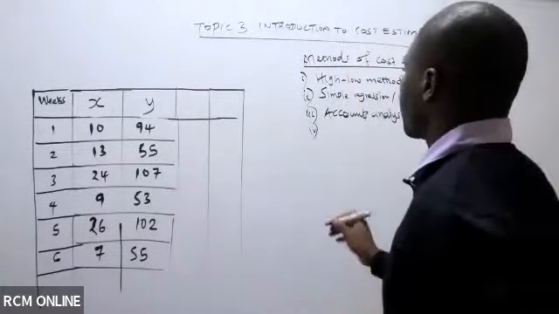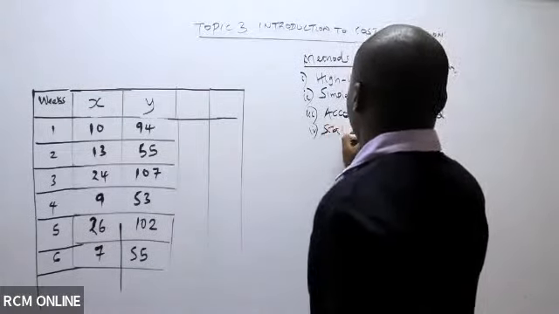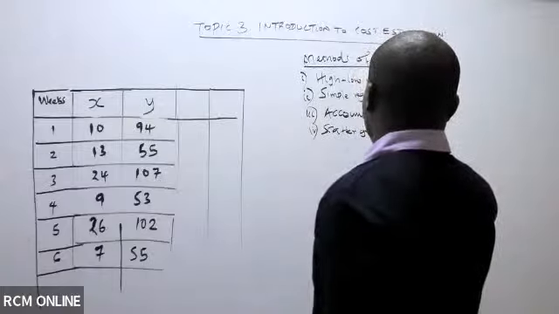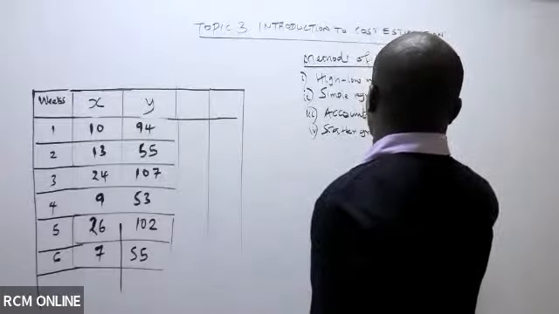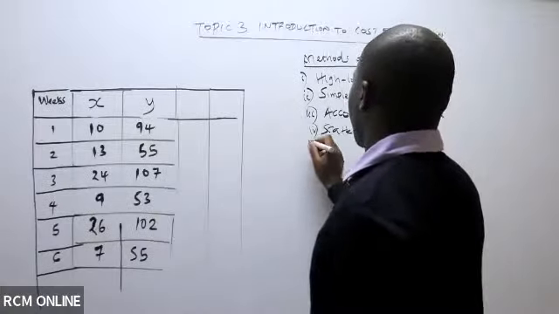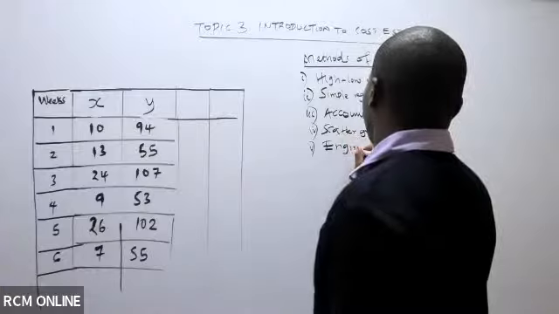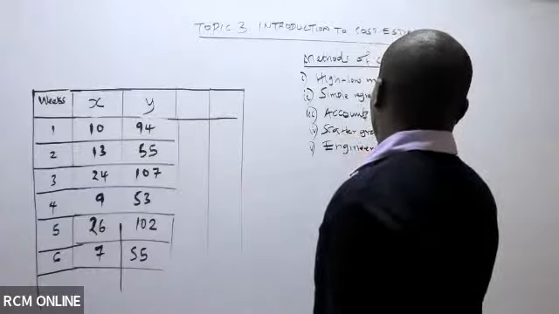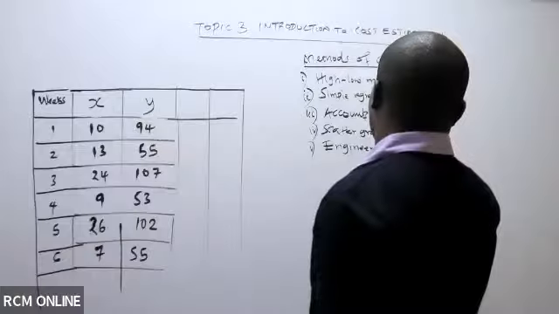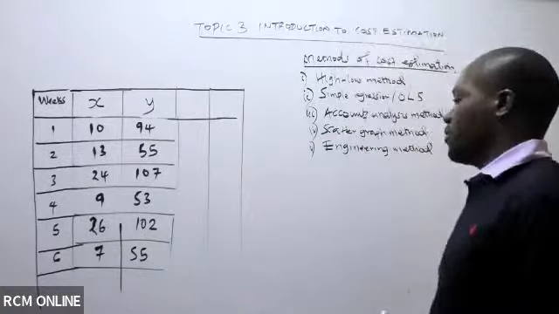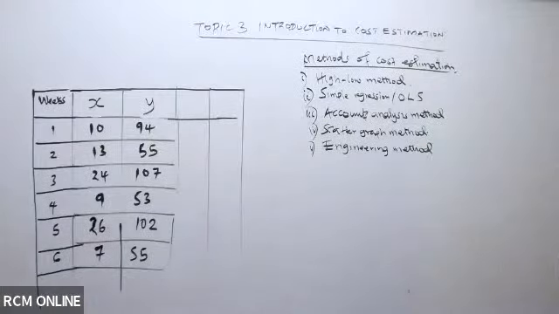Number 4, we have scatter graph method. Number 5, we have engineering method. Number 6 was transferred to advanced level, so we don't need to mention it here.